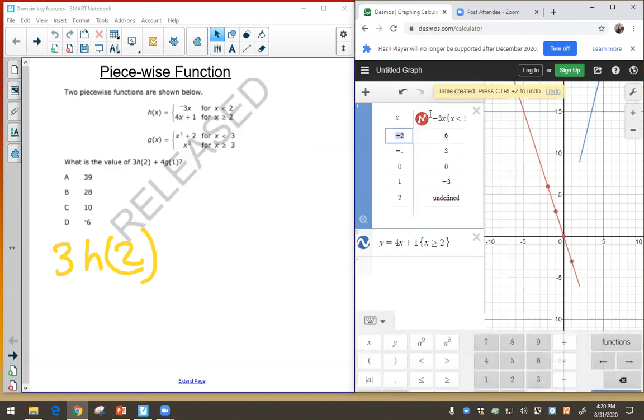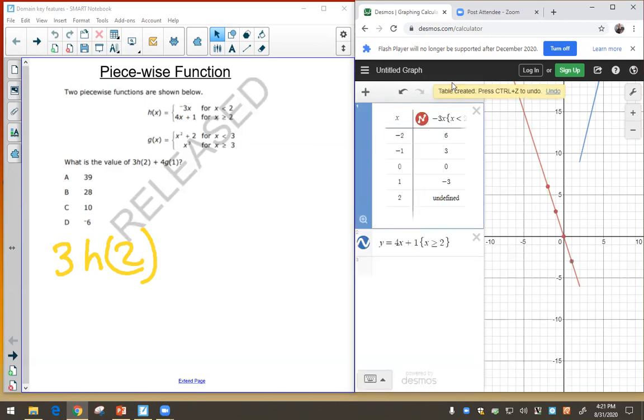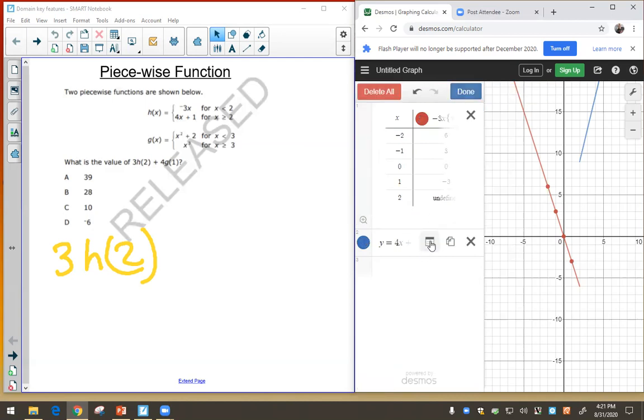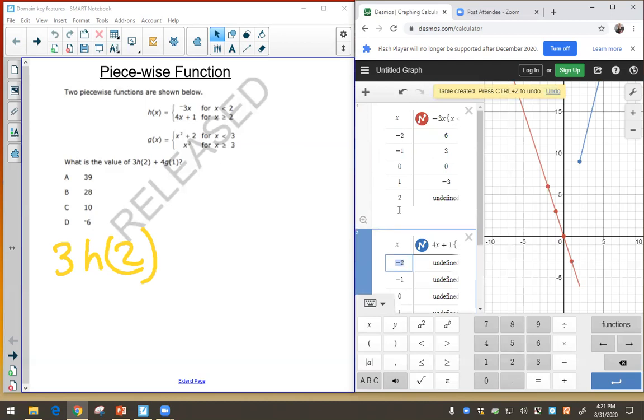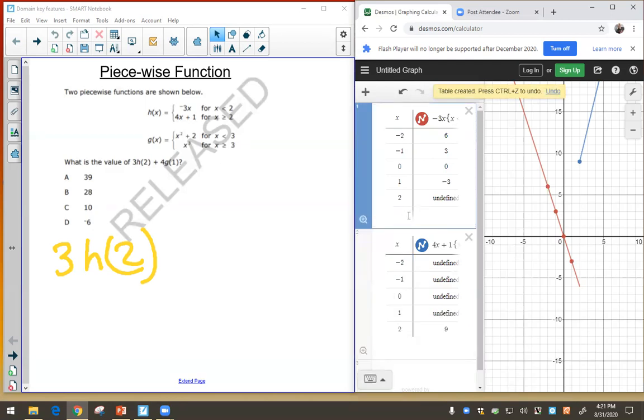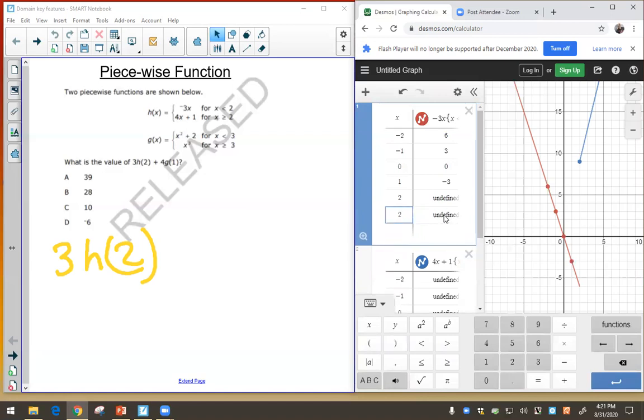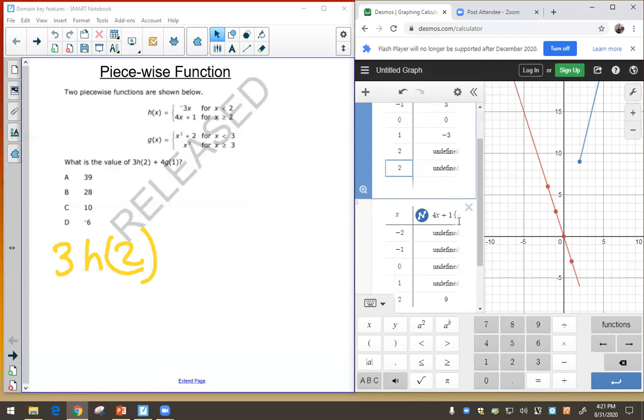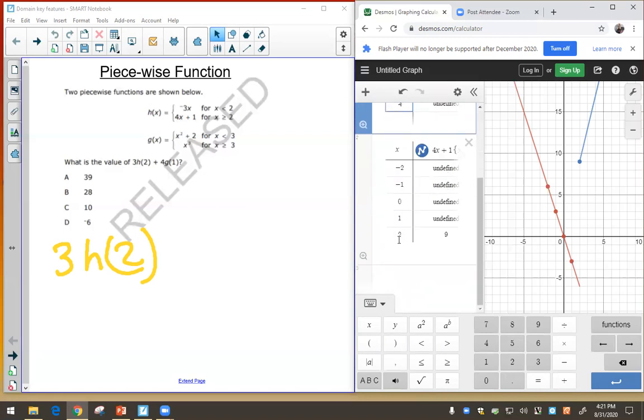So I'm going to pull out each table. That's table 1. And now table 2. So the first thing I'm going to enter is 2. Oh, 2 is already there. So it said undefined. Undefined means that, hey, you don't belong to this piece. So for that reason, I have no y value. Okay, let's go to the next one. Oh, it's already there. We don't have to type it in. When x is 2, there it is, then y is 9.